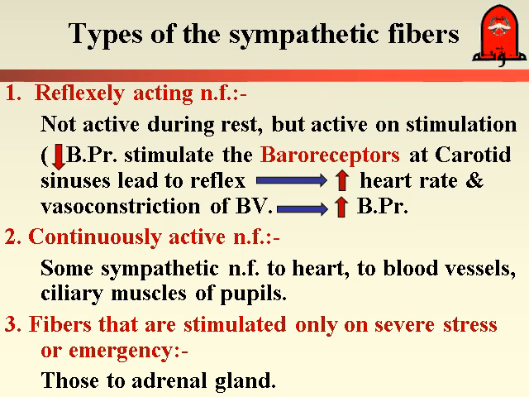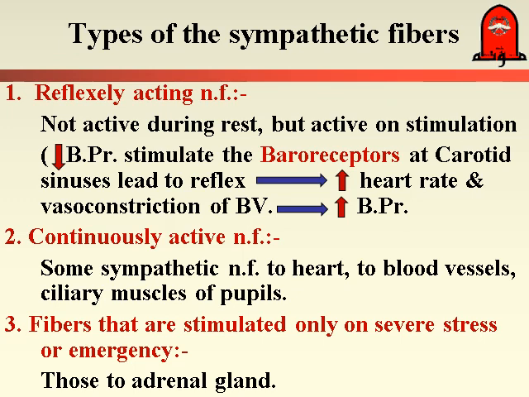The third type of nerve fibers are the fibers that are stimulated only during emergency, like the fibers to the adrenal gland. We said a moment ago that in severe stress there will be stimulation of the nerve fibers that go to the adrenal gland in order to release adrenaline and noradrenaline into the blood to produce a diffused and prolonged effect.